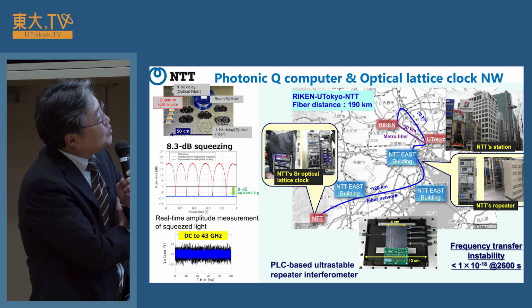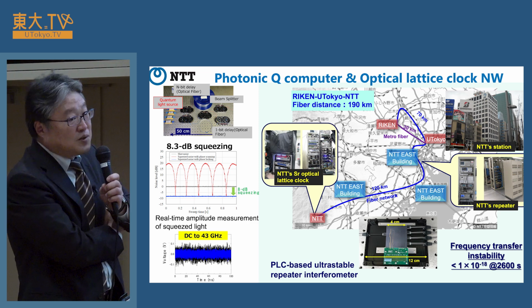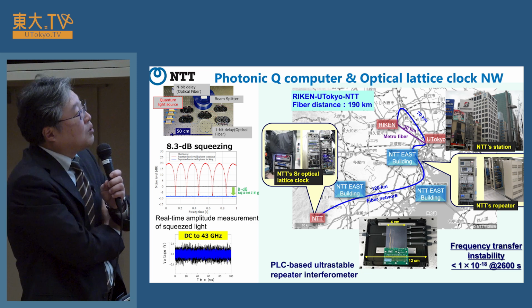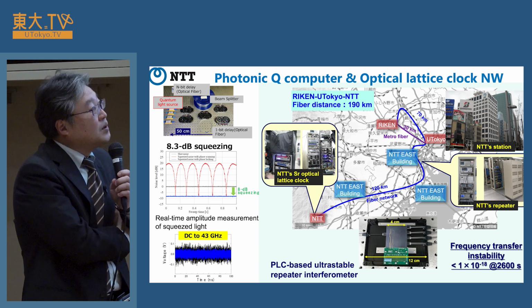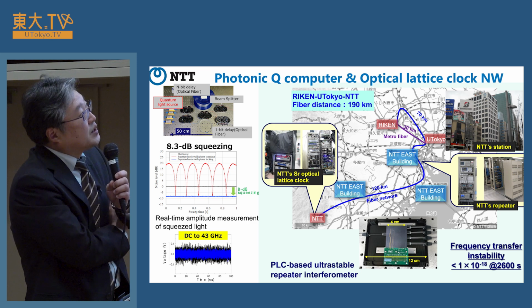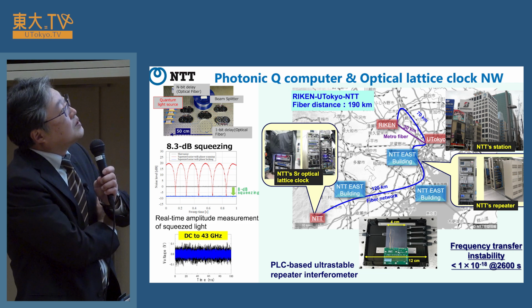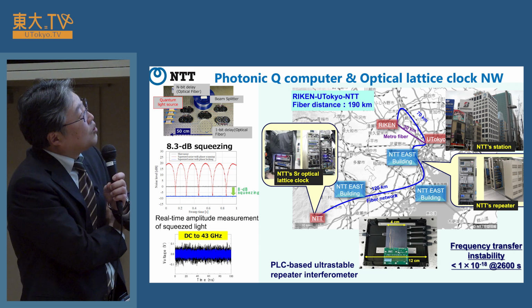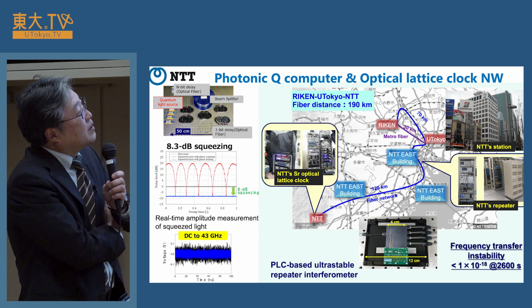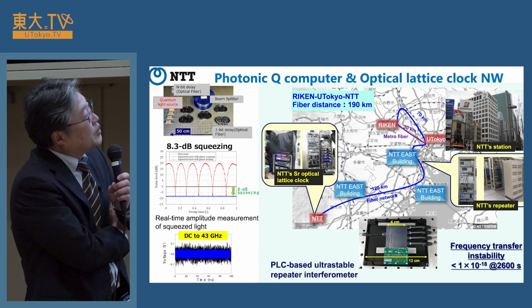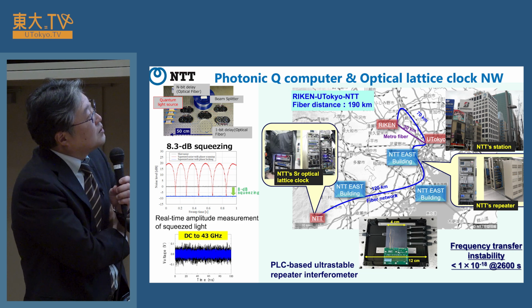And I move to another topic. This is collaboration work with Professor Katori. He is now planning to develop a nationwide optical lattice clock network, which deliver ultra-precise frequency and time standard instead of GPS. This figure shows the test bed of optical lattice clock network in Tokyo metropolitan area. Riken Hongo campus here and NTT Atsugi Lab are connected by 190 kilometer commercial optical fiber.